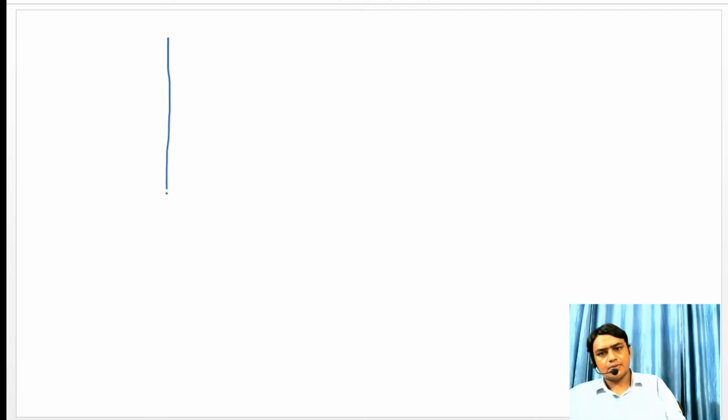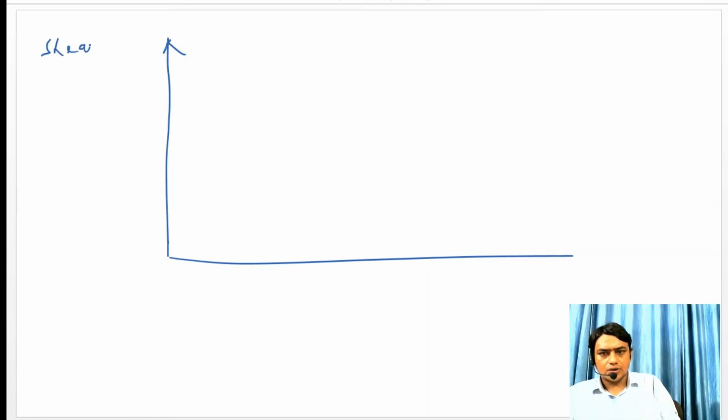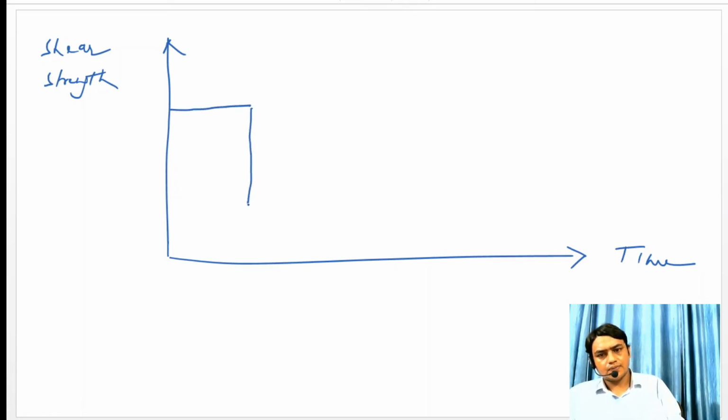So what will happen if I see this phenomena? So this is the shear strength and this is time. So this is the phenomena: initial strength, once reloading, then strength is losing, then strength gain, then strength lose, strength gain.